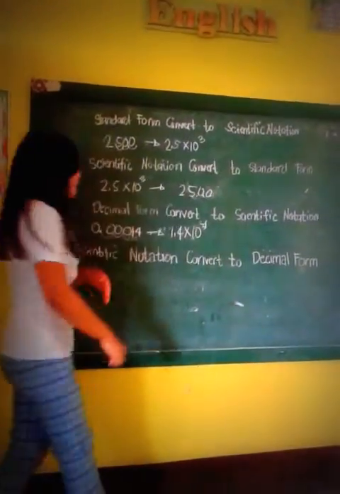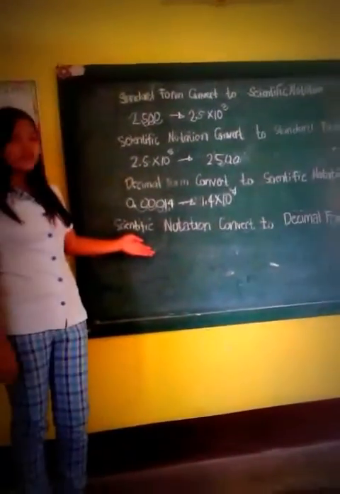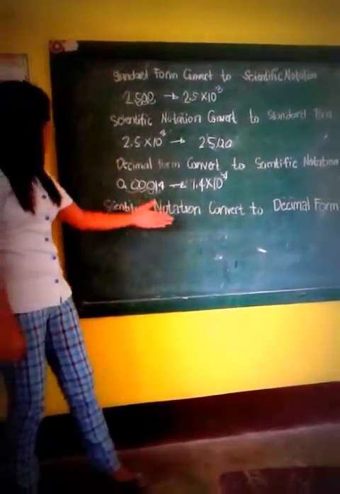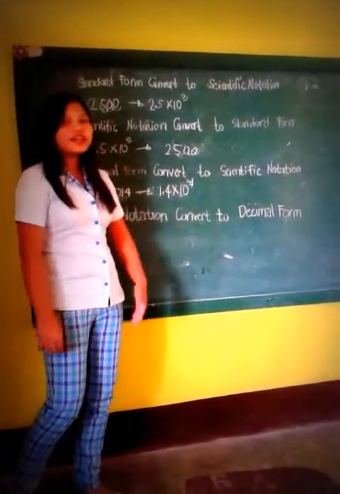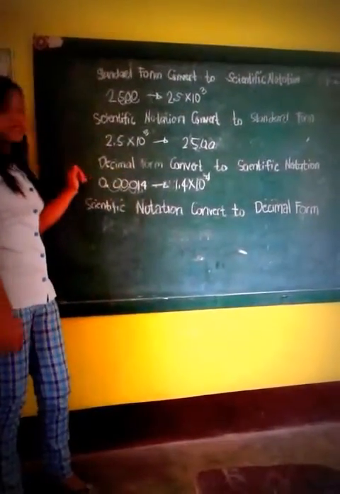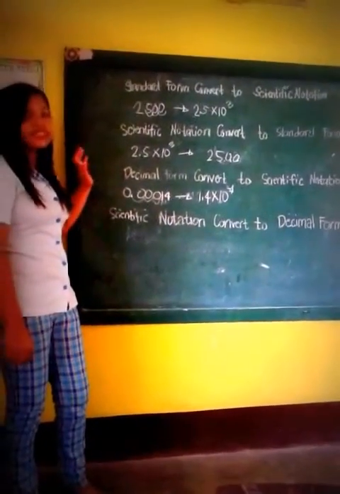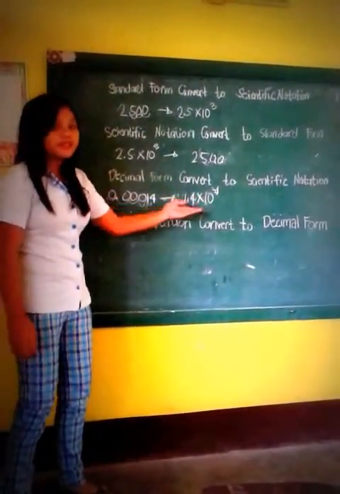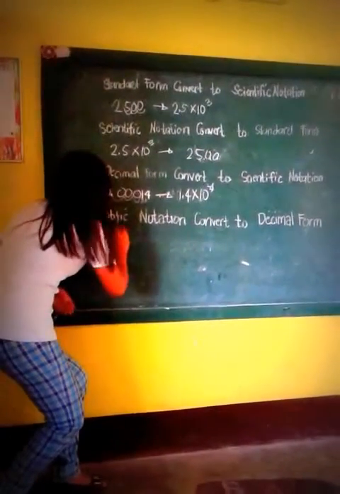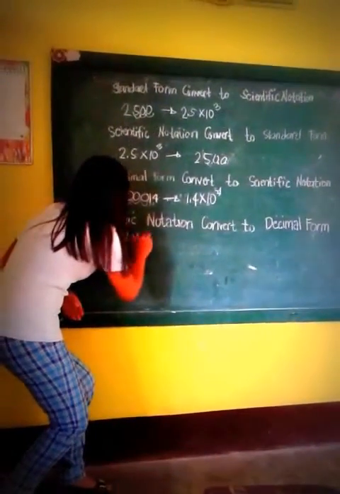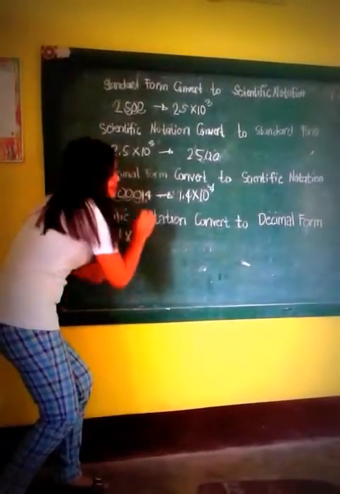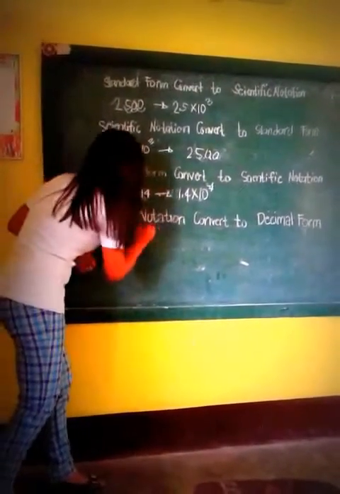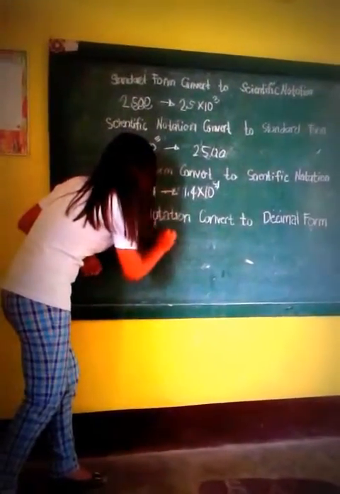Then step number 4, converting scientific notation to decimal form. The same as the third step, it is the opposite. So use this scientific notation: 1.4 multiplied by 10 raised to the power of negative 4.